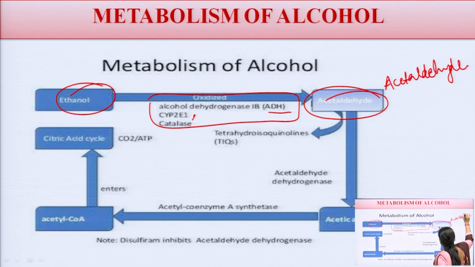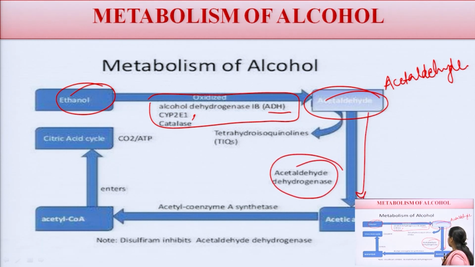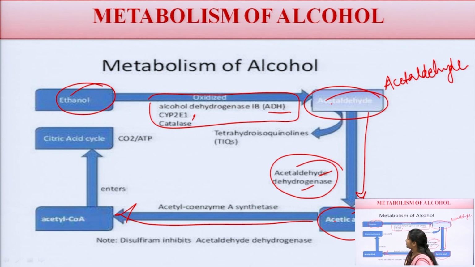And this acetaldehyde converts to acetic acid with the help of acetaldehyde dehydrogenase. Now this acetic acid again converts into acetyl coenzyme A, and this enters the citric acid cycle.